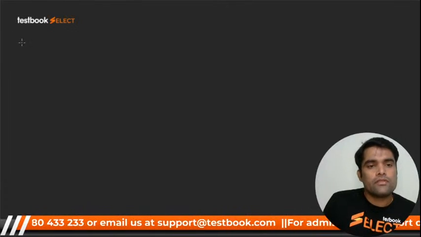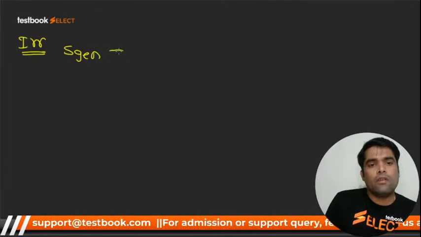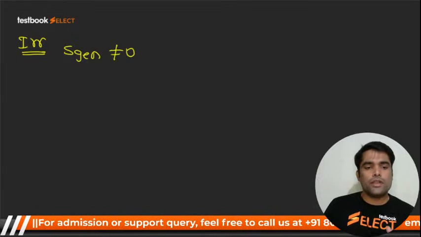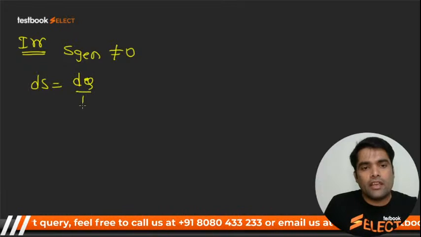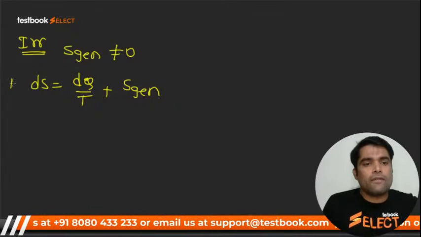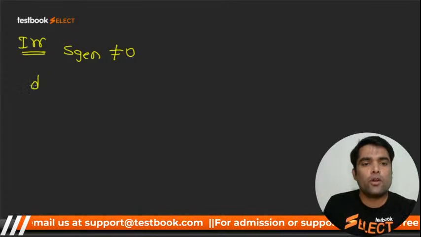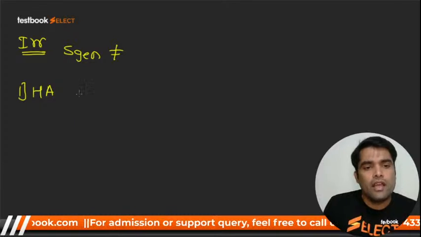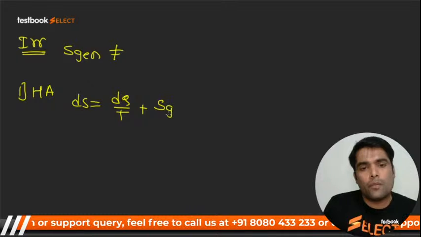Now suppose I have taken the same case for irreversible. In that, Sgen will not be equal to 0. So ds is equal to dq by T plus entropy generation.